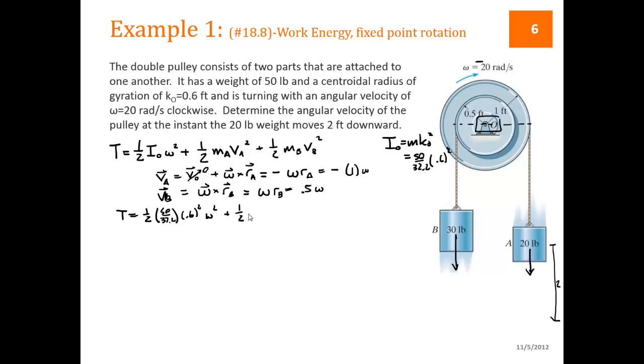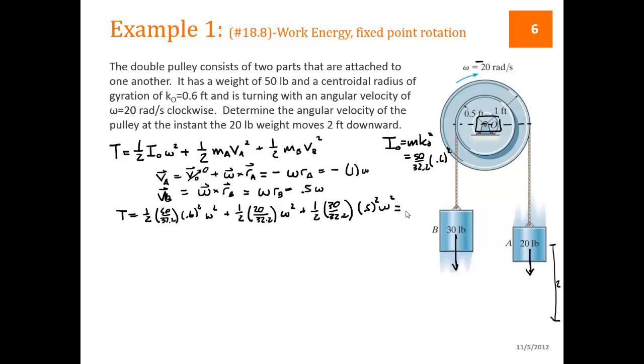Plus 1/2 mass of A, which is 20 pounds divided by 32.2, times V_A, which is R_A omega, so that's 1 squared omega squared. And the negative gets squared and becomes a positive. Plus 1/2 of 30 divided by 32.2, so for block B, times 0.5 squared omega squared. So now our only unknown here is omega squared.